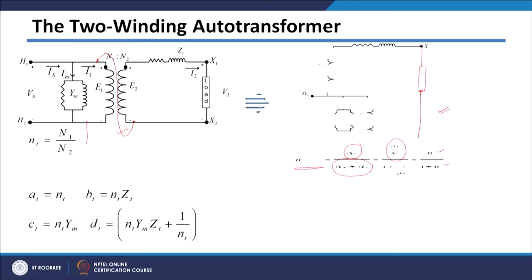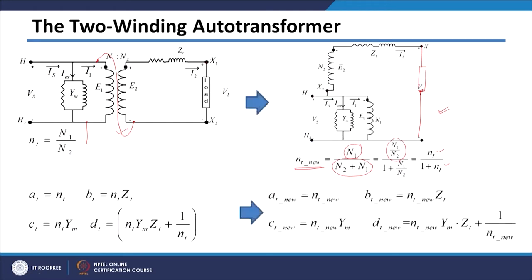Now, you can easily calculate ABCD parameters for this transformer. Just what you have to do is, the A parameter, which was NT, will become the new A parameter, NT new, which is basically this term here. B parameter we have seen is NT into ZT, in this case it is NT new into ZT.